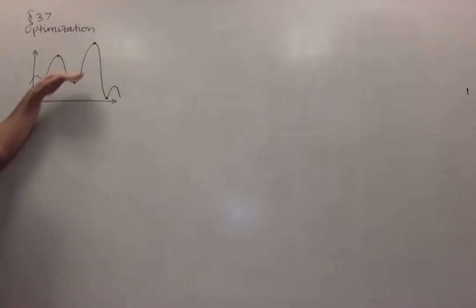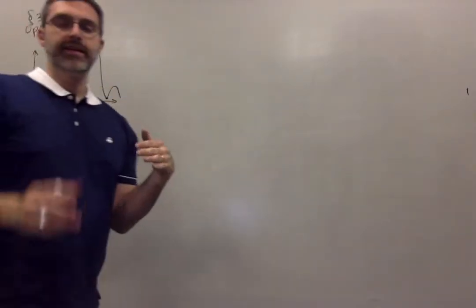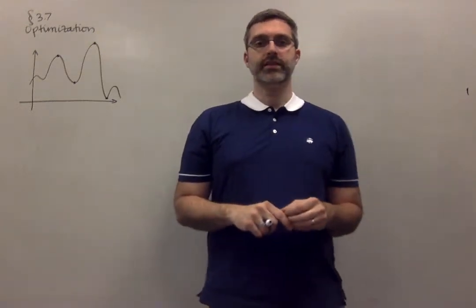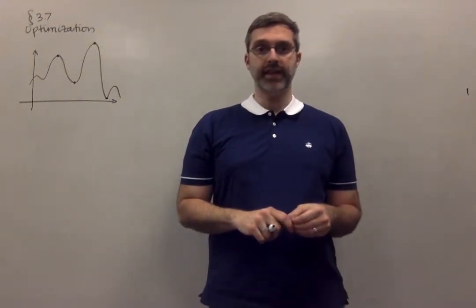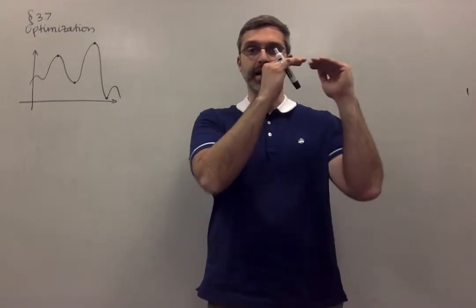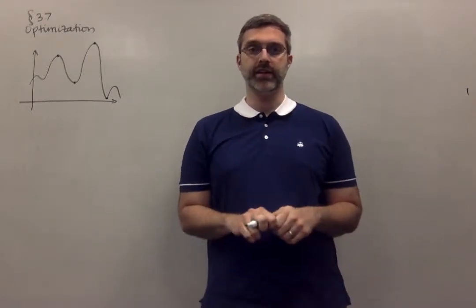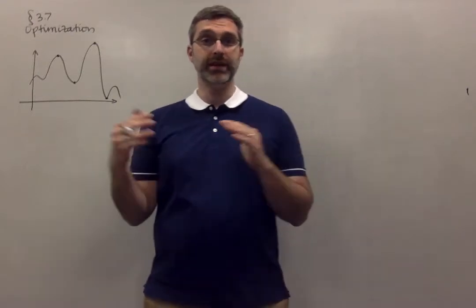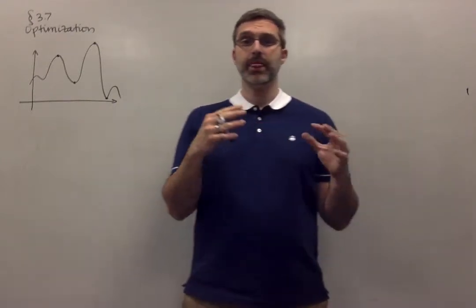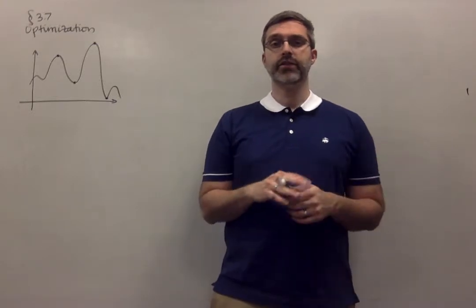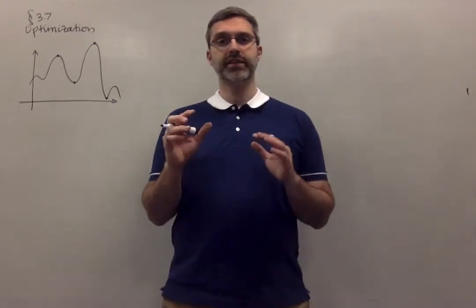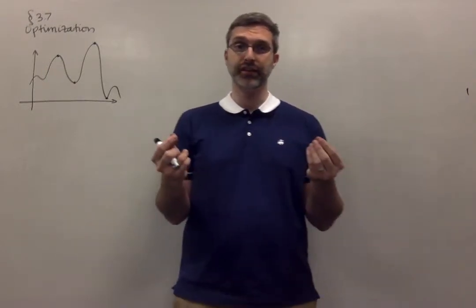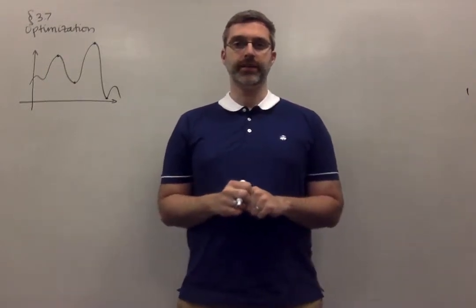If it's profit, I want to maximize profit. If it's cost, I want to minimize cost. If it's stock price and I'm wanting to sell, I want to find the maximum price so I can sell, that kind of thing. So there's a lot of situations where we want to find the biggest, the smallest, the best, those types of things. And we call those types of problems optimization problems because we're trying to find the optimal solution to something.